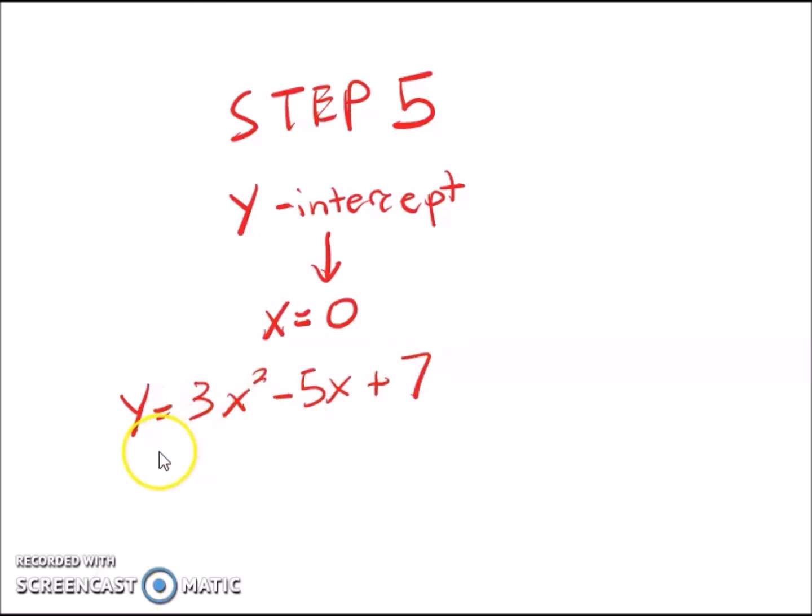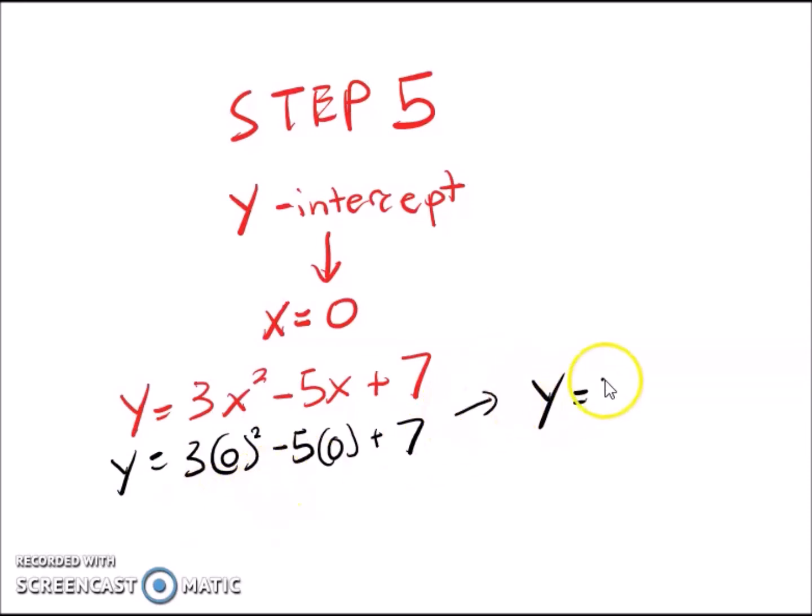Here we make x equal to 0. This is squared, 0 here and 7. So the multiple of 0 with 0 will lead to 0, and then y you will be getting equals to 7.